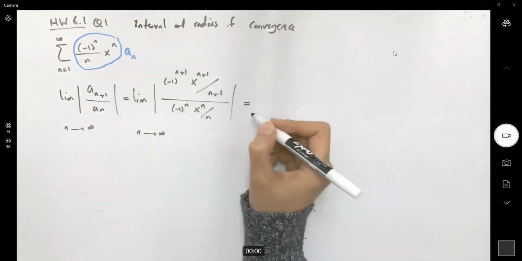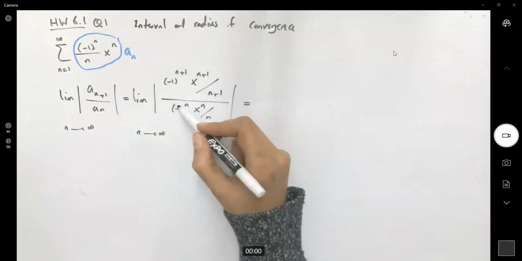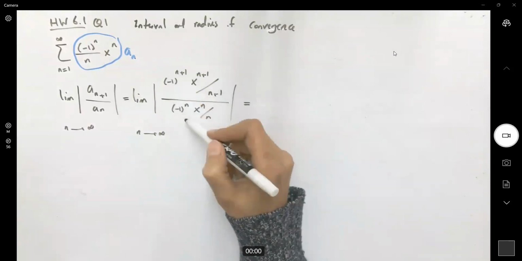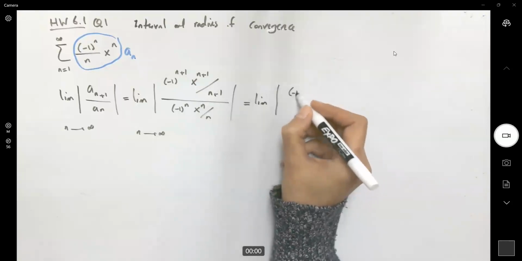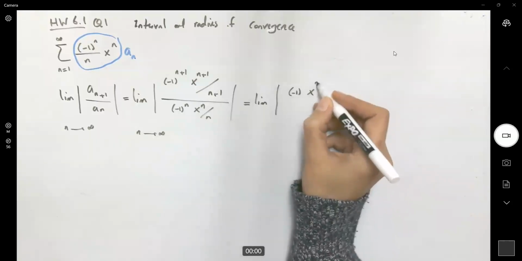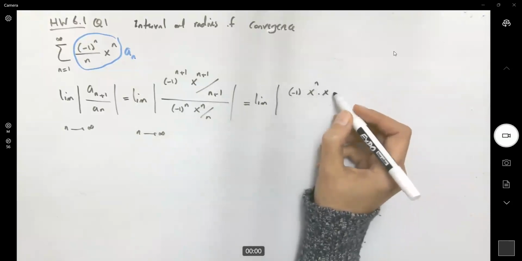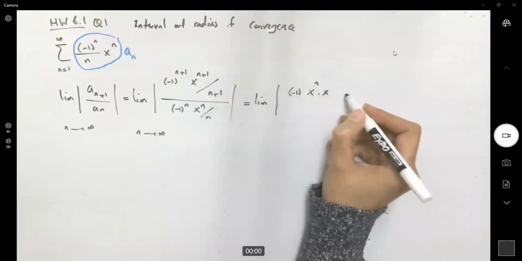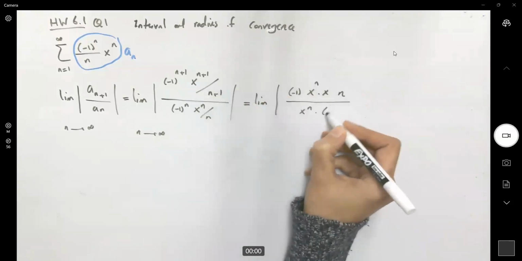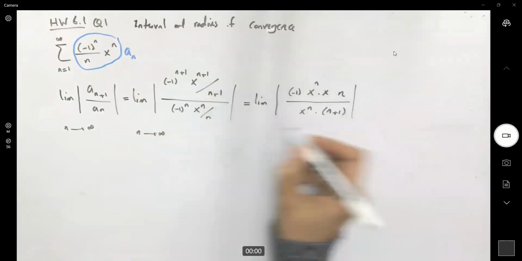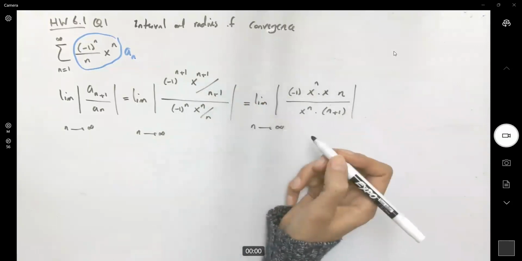You can write this as, well, (-1)^n and (-1)^n cancel out. So we are left with the limit of the absolute value of (-1) to the power 1, x^n times x, divided by, if you just flip this, you get n divided by x^n times (n+1), as n goes to infinity. Just a pure simple limit.